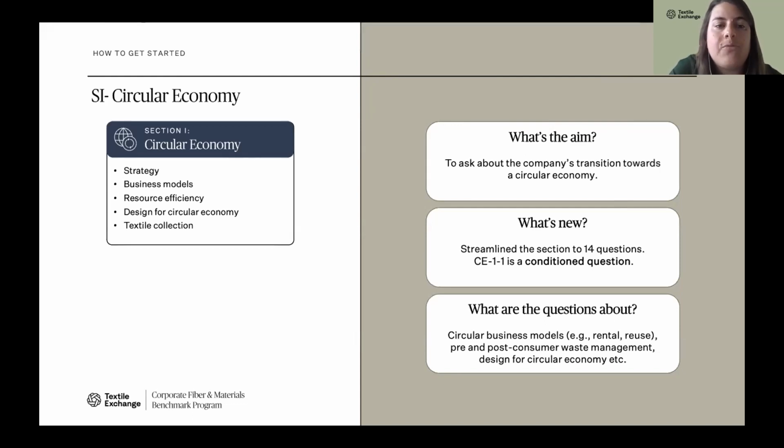For example, if you selected circular business model as an option, the circular business model subsections and related questions will appear. Otherwise, they won't appear and they won't be displayed. This has been done to avoid questions that are non-applicable for a specific company, or if the company is not currently working or is not interested in the topic at the moment.